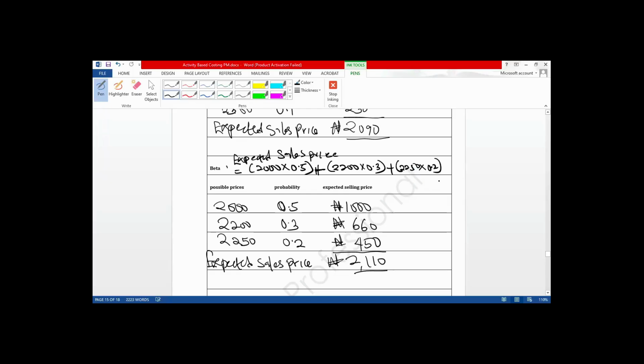If you work this out, you are still going to get 2110. That is how to calculate expected value. You can test for the third one. You don't need to start dividing anything. Is that clear, David?